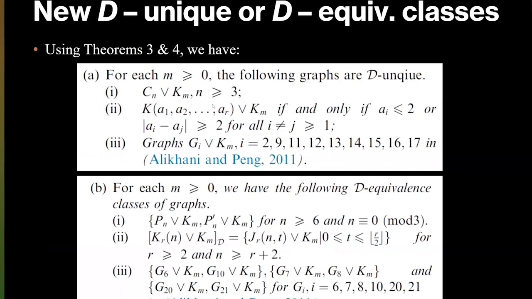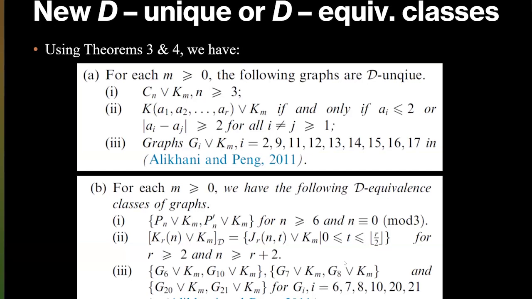For example, we already know Cn is D-unique, so now Cn join Km is also D-unique. Similarly for this complete multipartite graph joined with Km, under the same conditions. And of course, also the graphs GI that we know are D-unique just now. Remember, GI are those cubic graphs of order 10.